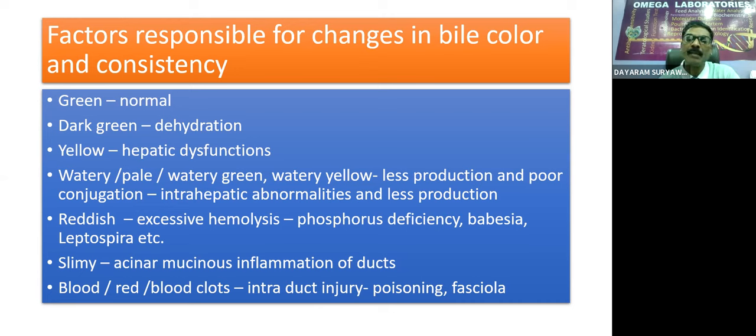So maybe intrahepatic fibrosis, necrosis, degeneration, fatty changes. In all these conditions, there is less conjugation and that may lead to the pale type of bile in the bile canaliculi and gallbladder. Then reddish, whenever there is excessive hemolysis like phosphorus deficiency, babesia, and leptospira. So red color bile is an indication of excessive hemolysis.